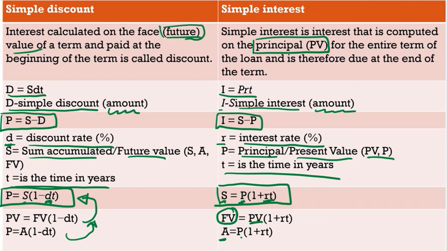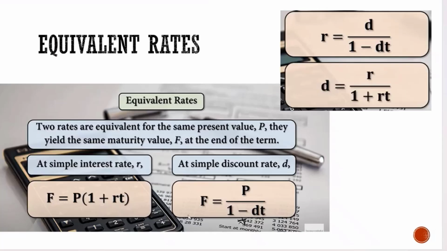So now we are looking at a simple discount and also on the simple interest. These two can be combined, okay? If you've got a discount rate, you can calculate for an equivalent interest rate, okay? So you've got a discount rate and an interest rate.